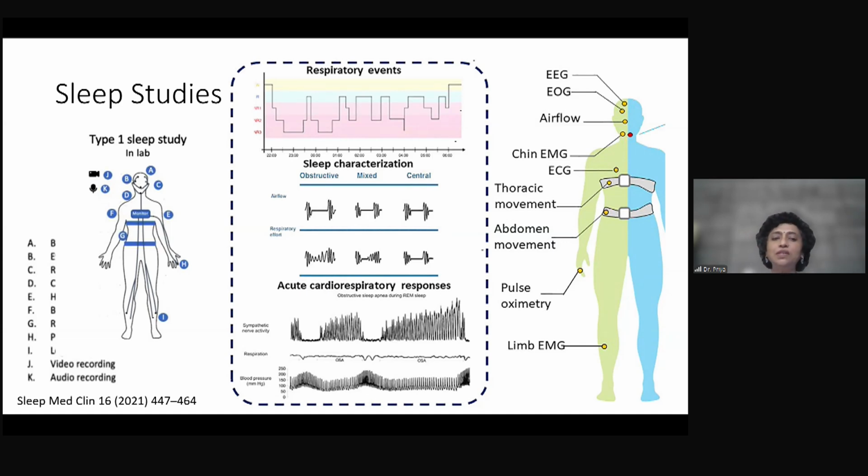So what is a sleep study? A sleep study is where you observe the patient during the whole night. A level 1 sleep study is done in the lab with all these channels.